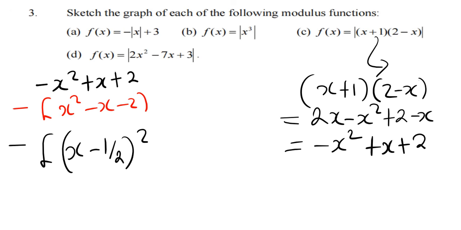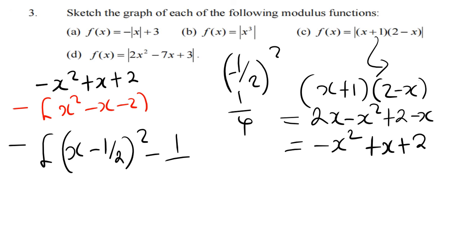So the other part is going to be half as well, so it's going to be 1 over. Now if I square negative half, I'm going to have 1 over 4. Right, but the negative is going to remain. So in this case, I'm going to have 1 over 4 here. Then don't forget to have a minus 2 there.